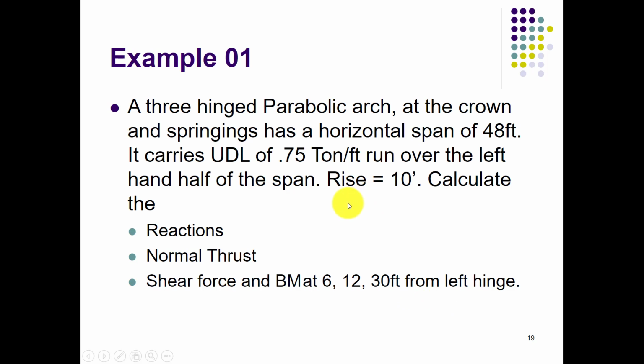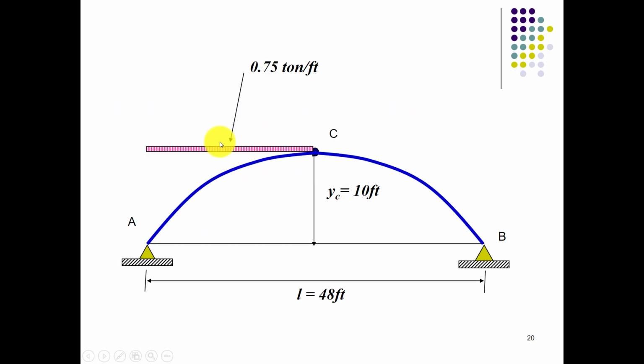So this is a representation of a question which has been asked. It's a three-hinged arch on which the 0.75 ton per feet load is applied as a uniformly distributed load. You have a span of L equals 48 feet and YC equals 10 feet. How can we resolve it?